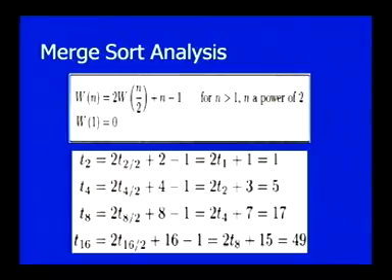So, it becomes 2 into W of n by 2 plus merging requires n minus 1 comparisons, for n greater than 1 and n is a power of 2, initial condition is 0. So, you can see very well how we are able to derive the complexity analysis.